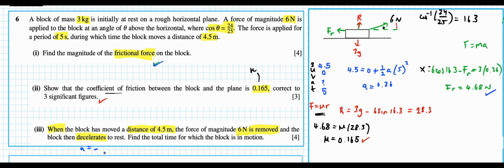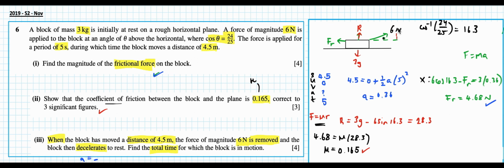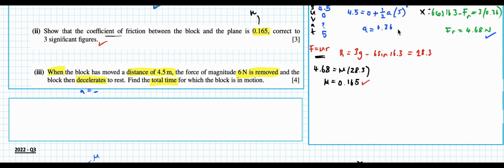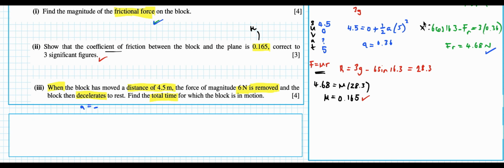Okay. We're going to use SUVAT again. If you think about it here, we may have two different ideas. So let's start off. When it moves 4.5 meters, then the force is removed and it decelerates.